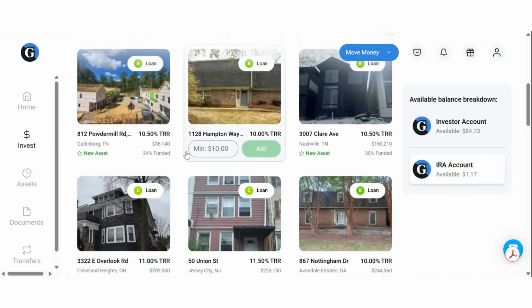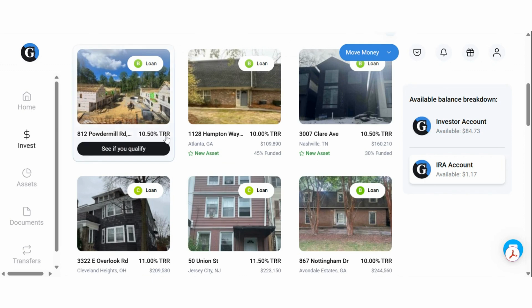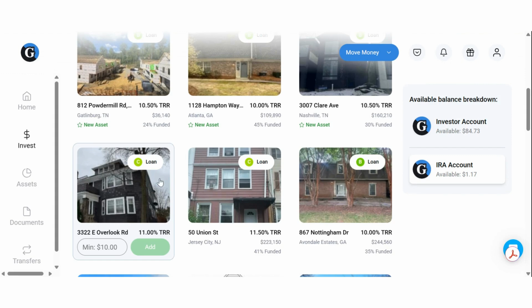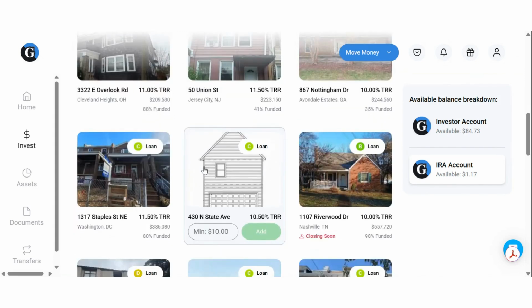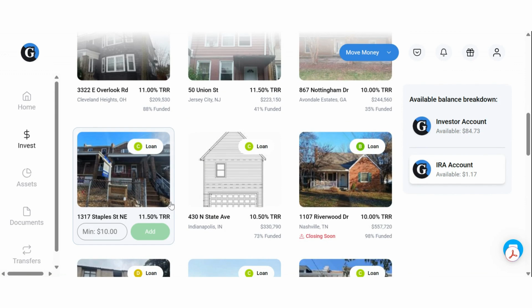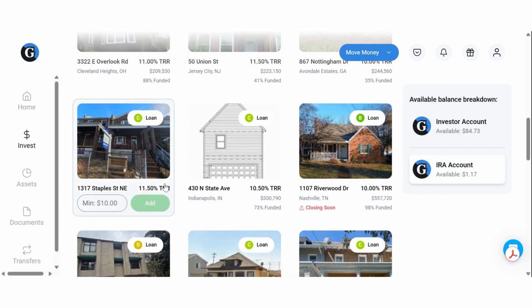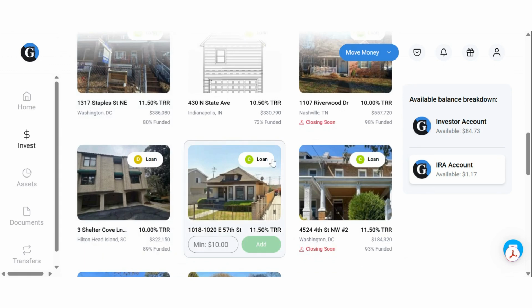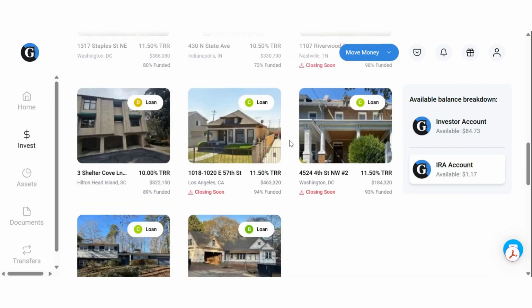Essentially, the higher the grade, like A's and B's, the lower the rate of return you should expect, because it's a safer loan. A C-type loan here is 11%, and this one is 11.5. They have their own way of assessing each property and the amount of risk involved, so you get a better rate of return on something you would expect to be higher risk. So that's what they have in general.